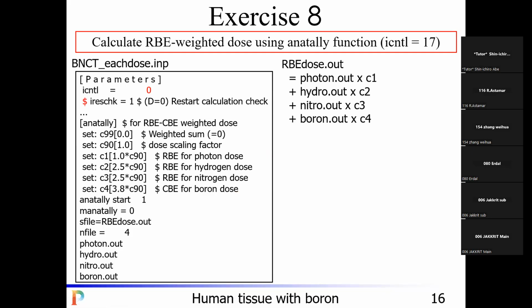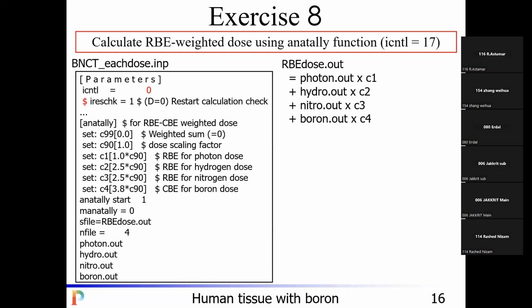Okay, so the next exercise is RBE weighted dose using the Anatoly functions. Anatoly is something you have probably never heard of. It's quite an advanced way of using FITS. It can analyze different tally results and merge them into one output file.